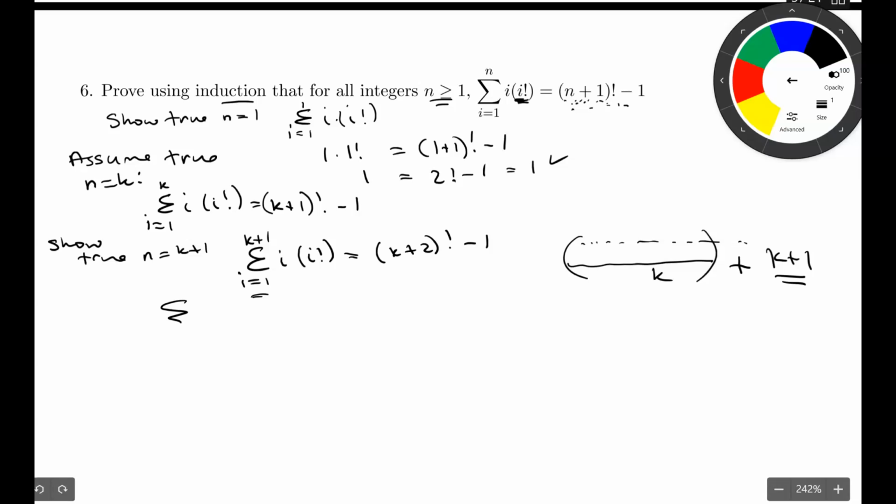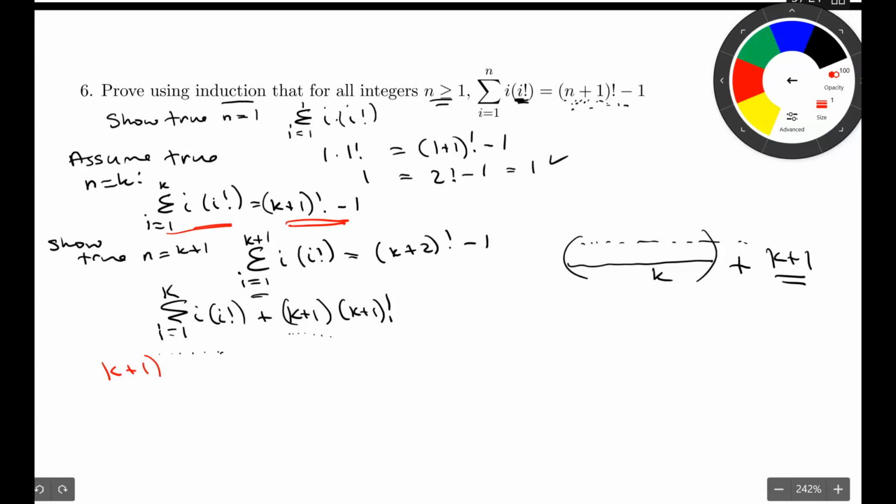So let's break it up. The sum from i equals 1 to k of i times i factorial, plus, and now here's my k plus first term, so that's k plus 1 times k plus 1 factorial. Okay, so this here, I use my inductive step. So this is this step right here, and I substitute this in.